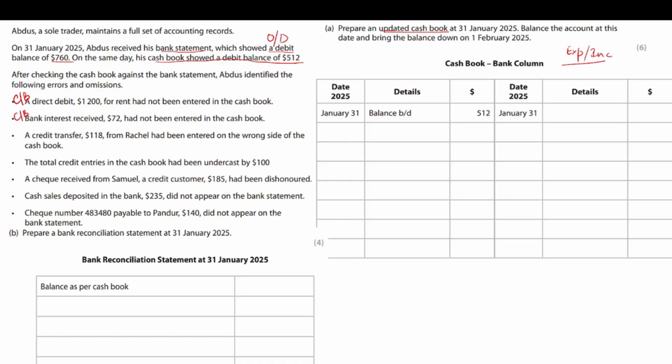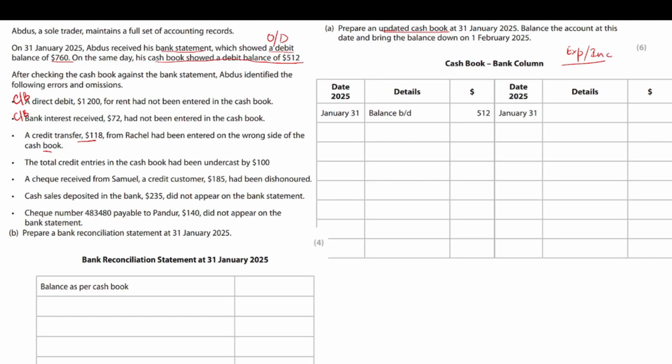Credit transfer of 118 from Rachel has been entered on the wrong side of the cash book. It has been entered, but it should have been entered as a debit, and it has been posted on the credit side. So 118 will be rectified.